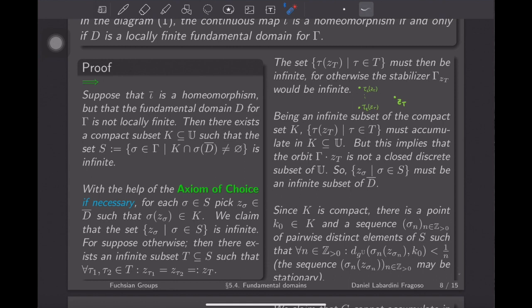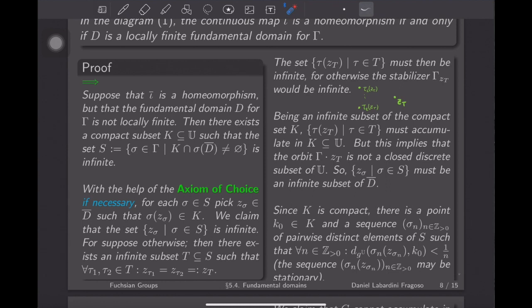Now, all of these are in K. I mean, sigma of Z sigma is in K, by how I pick Z sigma.